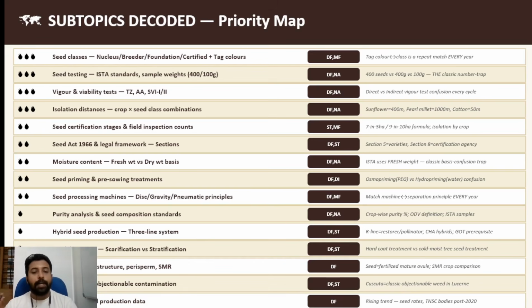Clear? Okay. Then going to the next part, from which usually questions are less, but questions have come: purity analysis and the seed composition standards. Then hybrid seed production. In the previous strategy video on crop improvement also, we told about the importance of hybrid seed production.